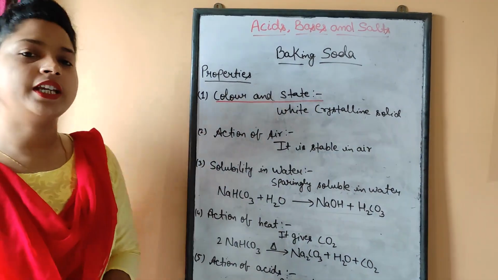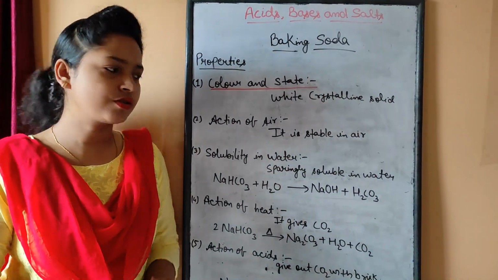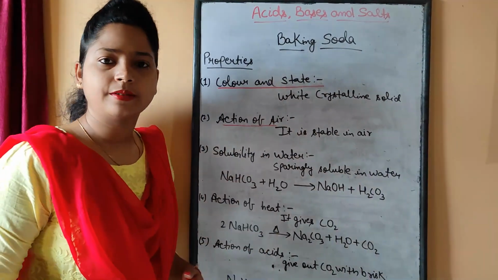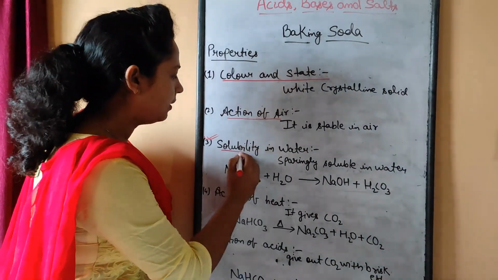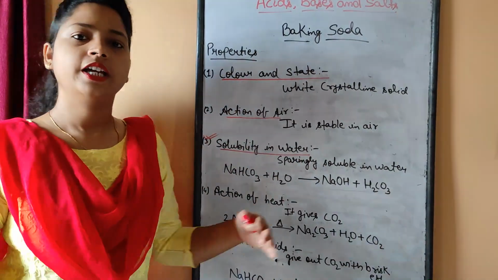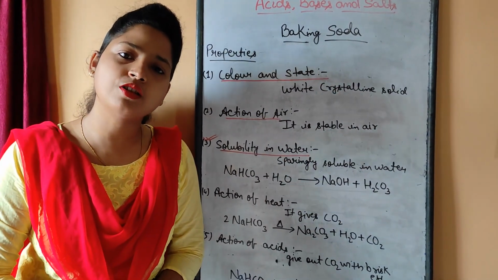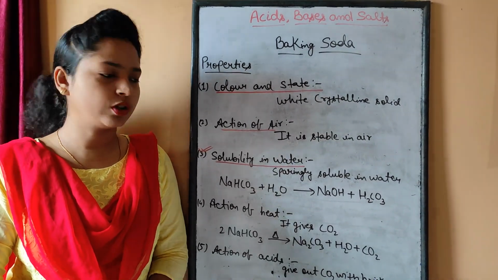The second property is action of air. It does not react with air, so we write here, it is stable in air. Third, and very important, is solubility in water. In the preparation method, we have seen that it is sparingly soluble in water, that is, it is not completely soluble in water.